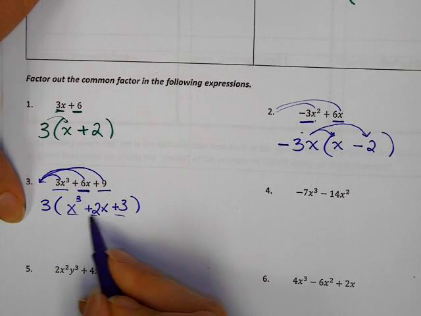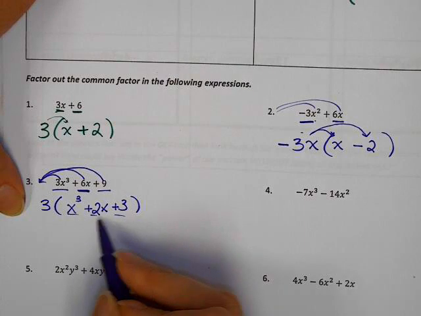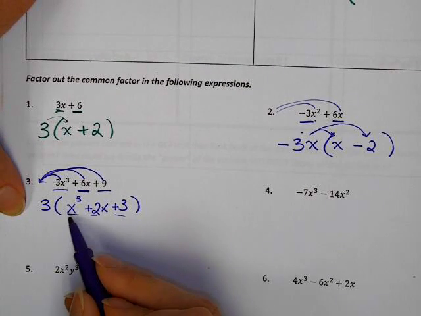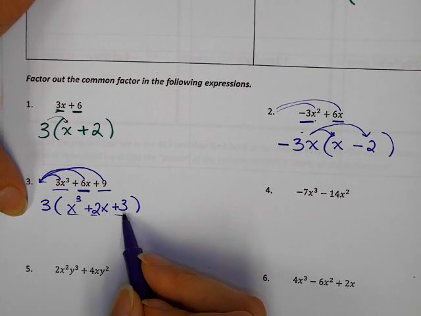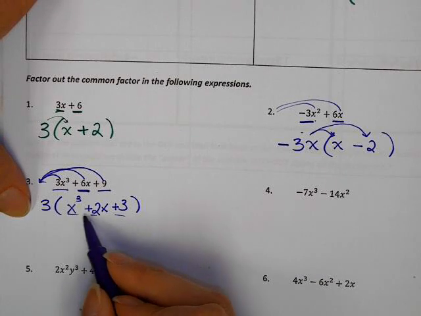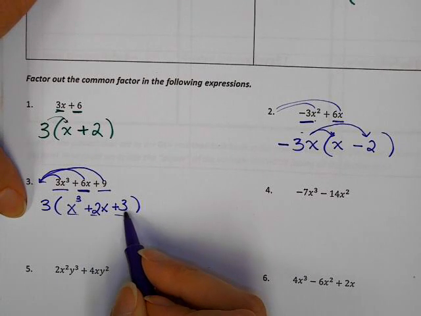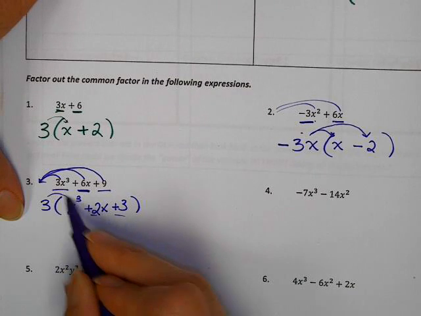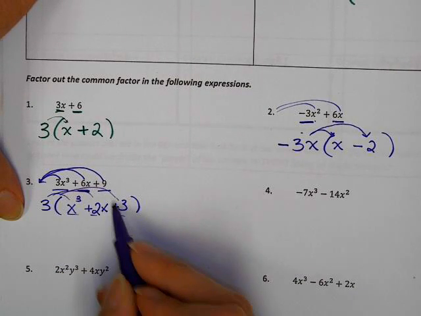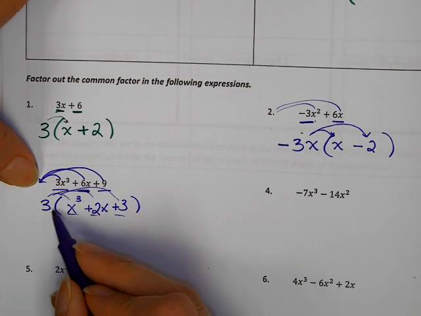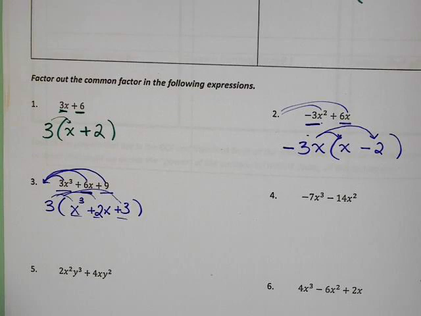Now you could always look at this trinomial. Did I miss anything? Was there any number that I missed? Nope. Are there any x's that I missed? Nope, he still doesn't have any. If I give them all the 3 again, does that make the problem? Yes, it does.